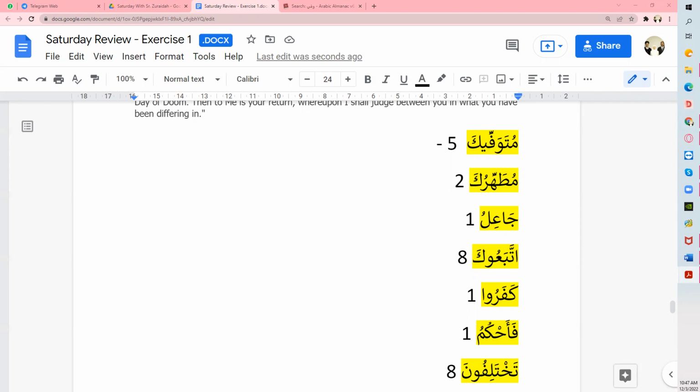Extra ta after first root letter. So this root letter is ta ba ain. Oh no. Family 8 actually is alif and ta, right? It's like family 4 with ta. Is it?